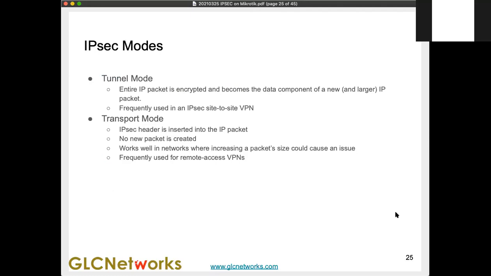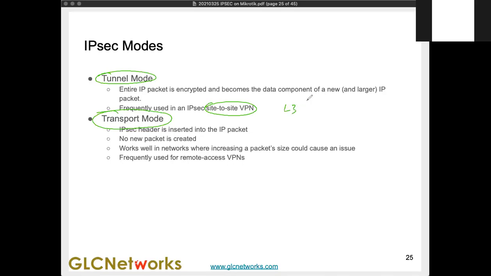About the mode, IPsec has tunnel mode and transport mode. Tunnel mode means the packet is encrypted, so it's like a site-to-site VPN. It's like IP on top of IP, so you will have two layer 3s.